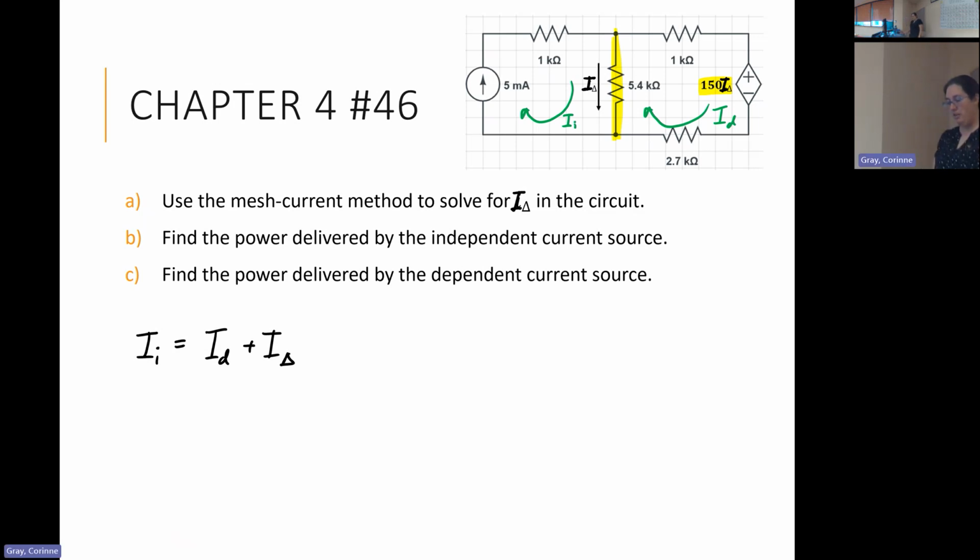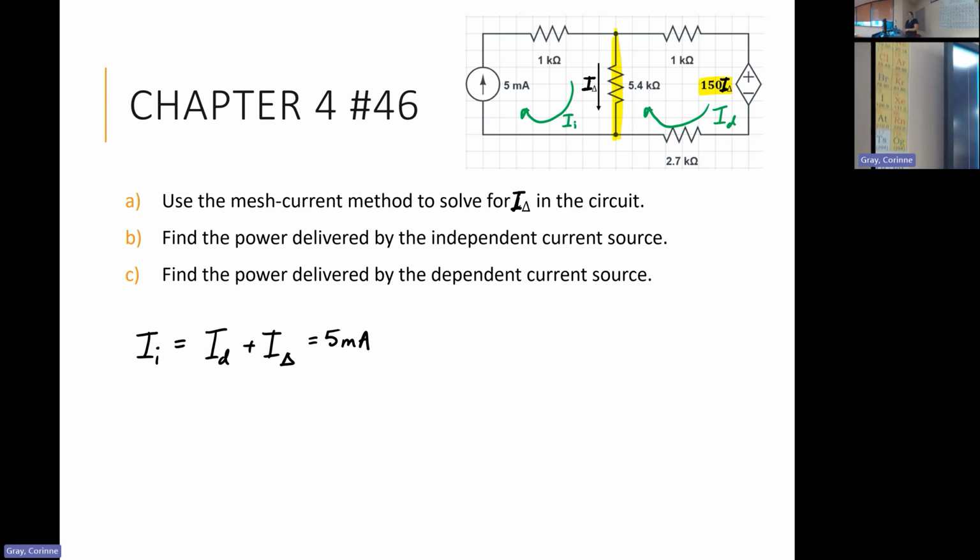So we know that for the current I, as we call it now, this is gonna be equal to 5 milliamps. Because coming out of this part here, passing through here is 5 milliamps, which means this has to be 5 milliamps and this has to be 5 milliamps as well. So I delta and ID are gonna be smaller than 5 milliamps, just in general.